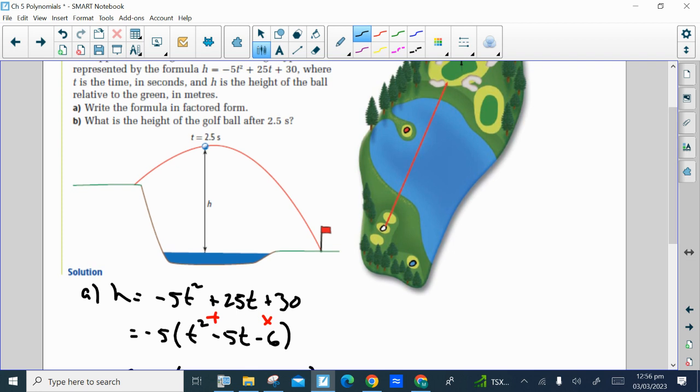Part B wants to know the height of the ball after 2.5 seconds. So we're going to see that we can do this two different ways. The first way would be using the original equation and letting t equal 2.5.